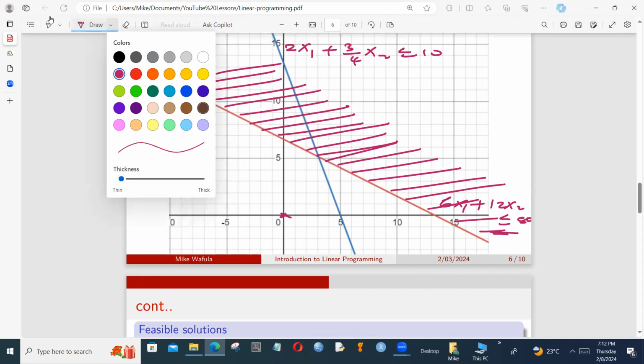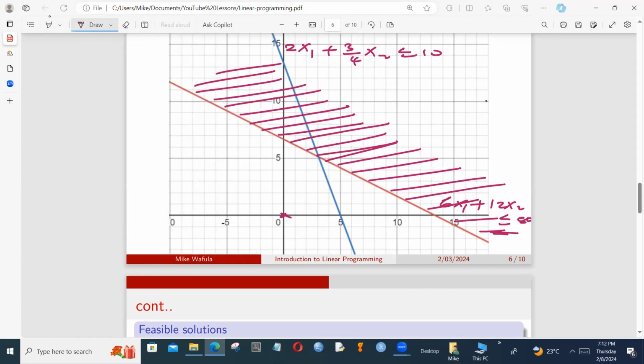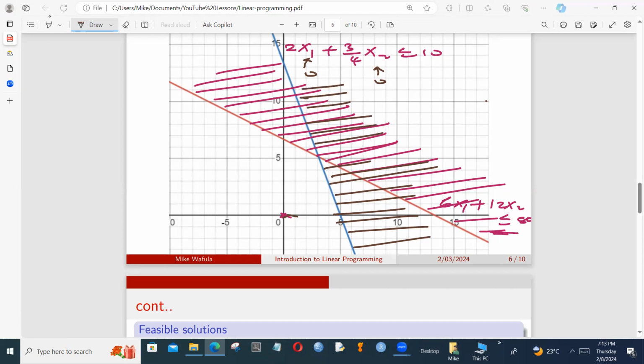If we use the same point again, 0, 0, which is below the line, and substitute x1 with 0 and x2 with 0, you'll find that again 0 is less than or equal to 10. And so the inequality still holds. That means points below the line satisfy the inequality, and therefore points above the line are treated as unwanted, and we shade them out.